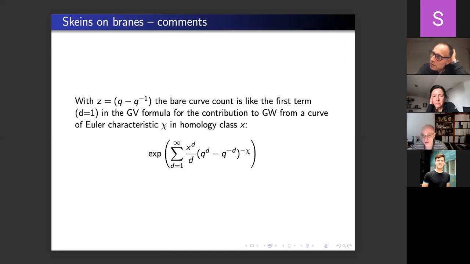Again, I can give you more details on this. I think this would be the way to see it. I think this is not far from this z variable that I introduced.